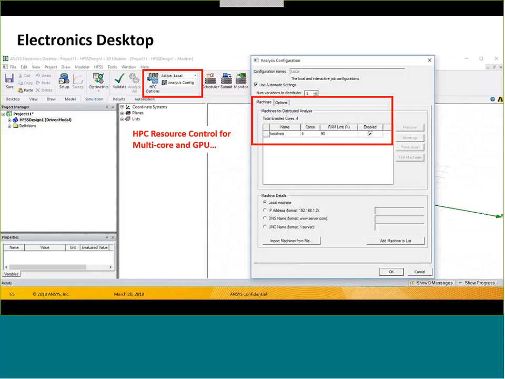This goes with multiple cores as well as multiple cores working in conjunction with GPU. We've got simulations, especially with the SBR solver, that are seeing a boost in speed of over 100 times. So we're really efficient at the way that we utilize and allow for setup of HPC.